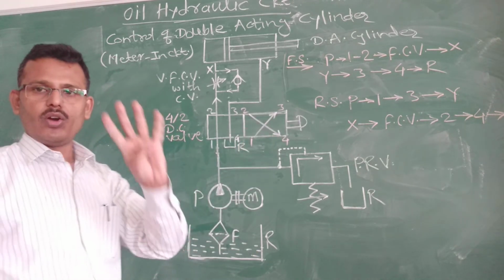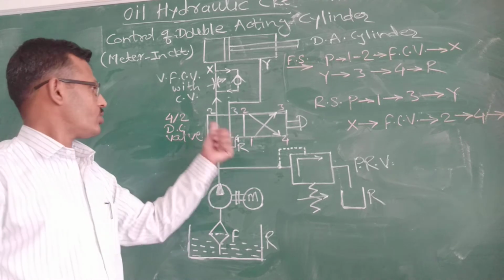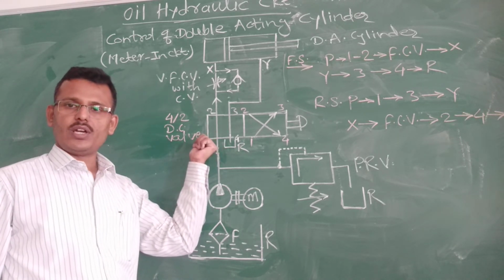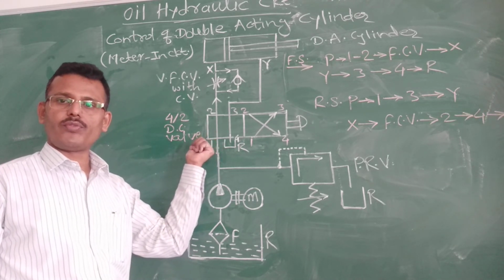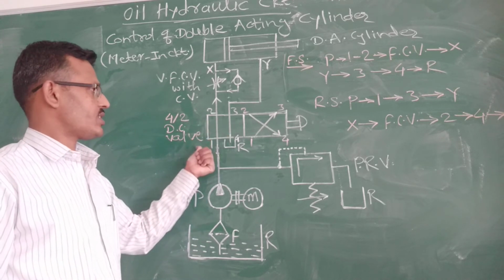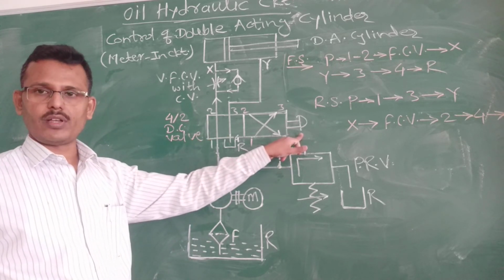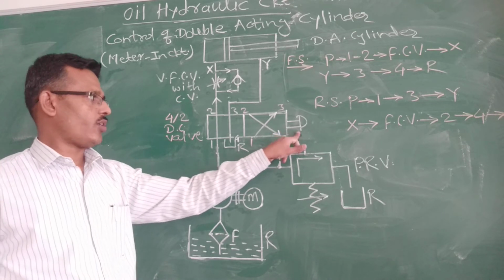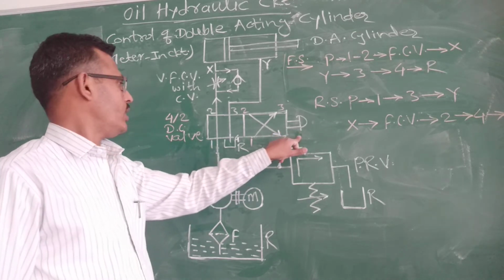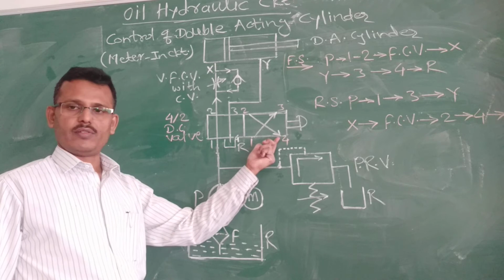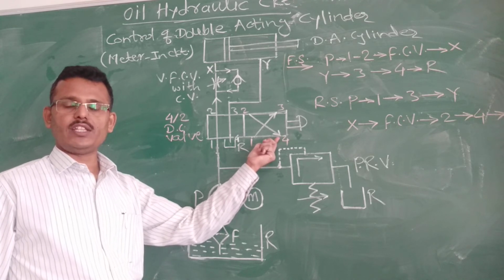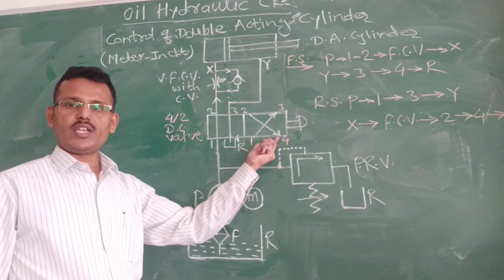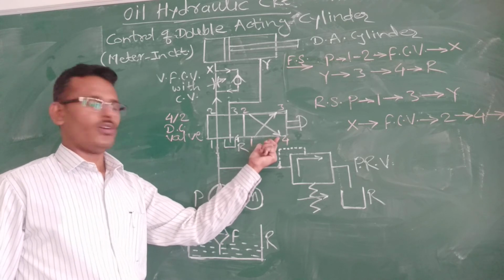So the function of this DC valve is to change the direction of the flowing fluid inside the circuit with the help of the push button. When we operate or push this button, we get the second position, and in this position the oil changes its direction of flow.